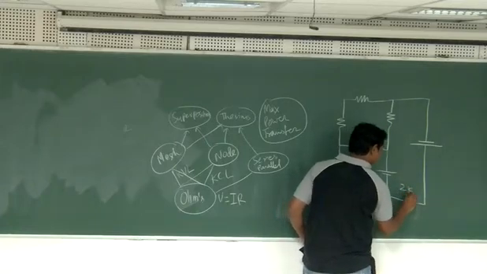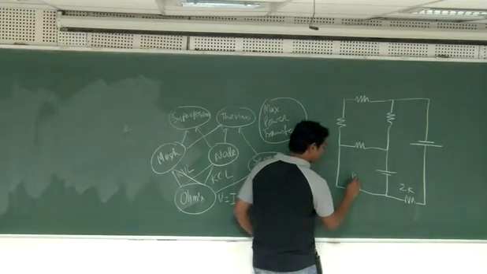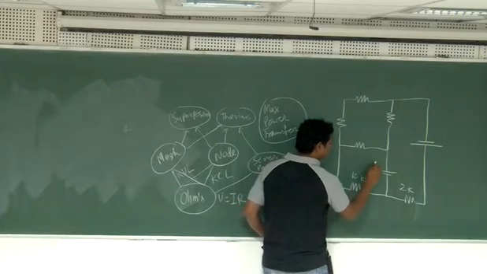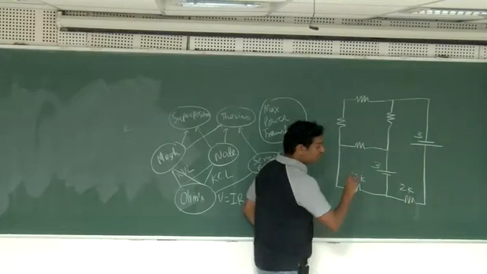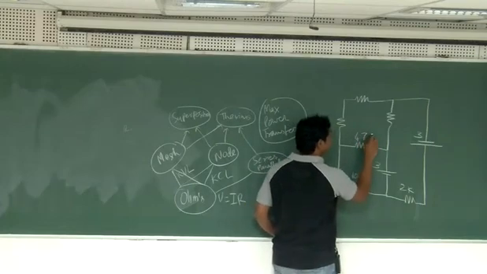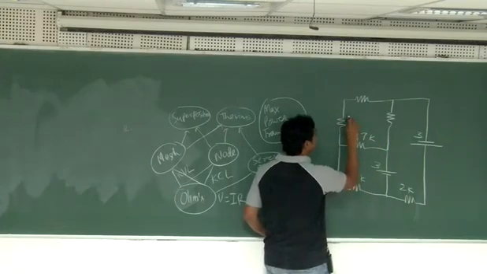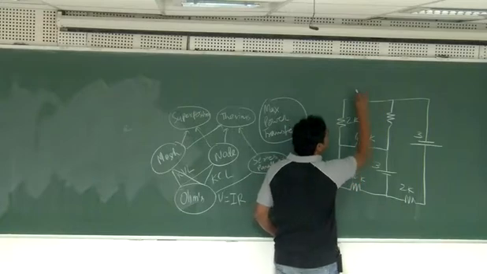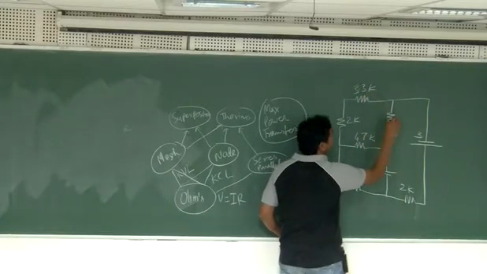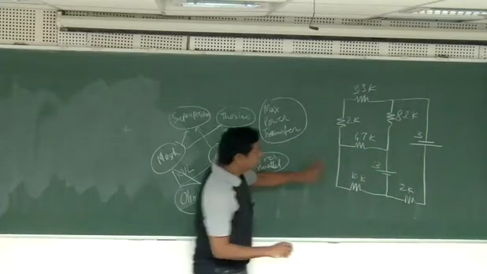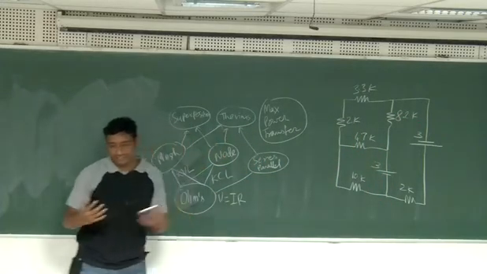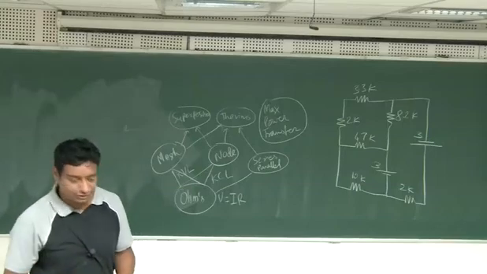This was 2K, I remember. 3 volts, 3 volts, 4.7, and this was 2K, 3.3K, 8.2K. Okay, so this was our circuit that we were studying, and it's quite familiar to us.